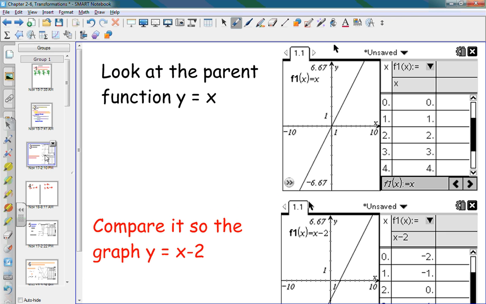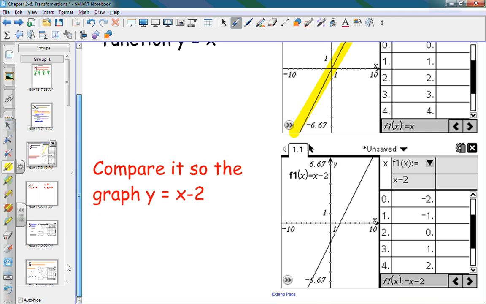Now, an example. If we look at this lovely little line of y equals x, and we compare that to the line y equals x minus 2, what's happening to it? It went down 2 units. There are 2 reasons why we know this.